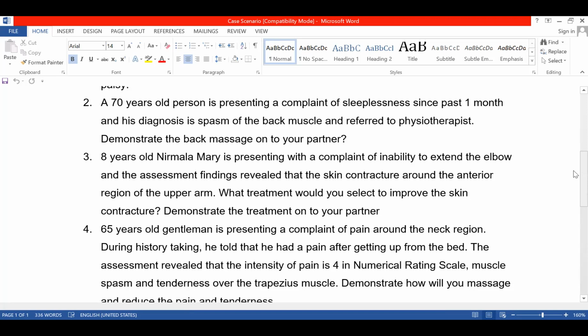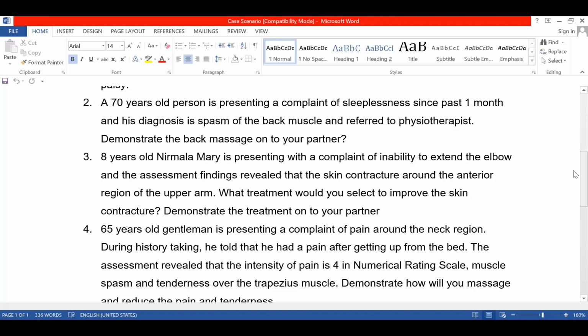After that, as usual, effleurage from distal to proximal. Then we can also do compression, beating, pounding, vibration, shaking, cupping, and we also need to do effleurage intermittently from distal to proximal. That's all, Miss. Thank you.